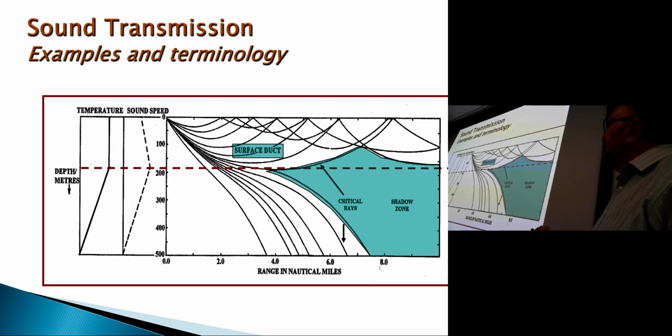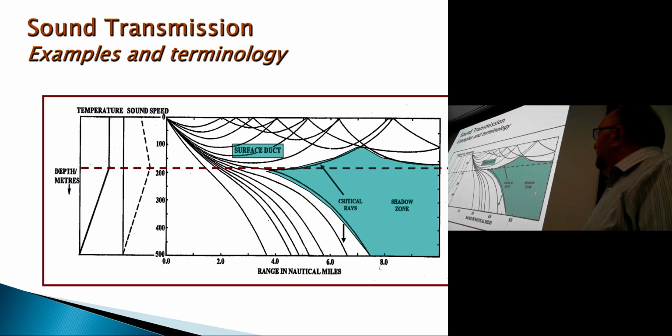And these sound rays that are all bending back upwards will just propagate down this channel. As we said, here the sound speed is becoming less and less and less, so the sound rays will all bend downwards. So we've got a huge shadow zone over here. So again, knowing what your profile looks like, what the oceans look like, this is where the Red October would be hiding.